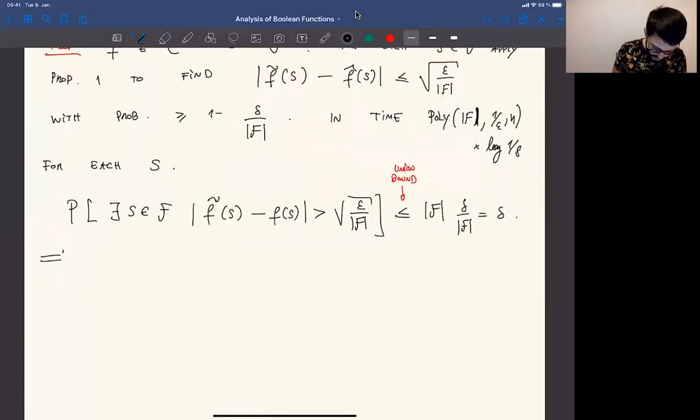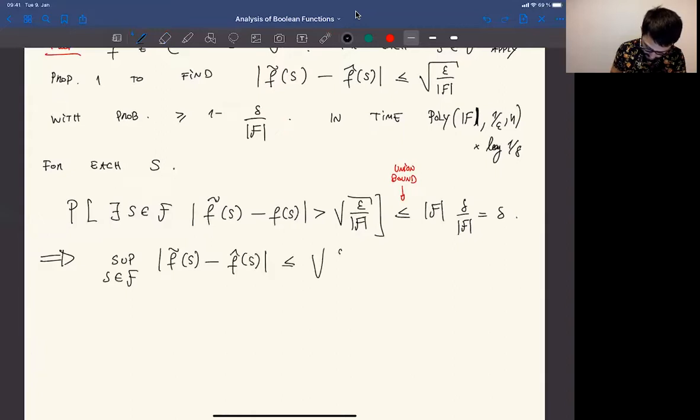Okay, so then I conclude that the sup over s in this family is less or equal than this, with probability greater or equal than 1 minus delta. And that's the conclusion.